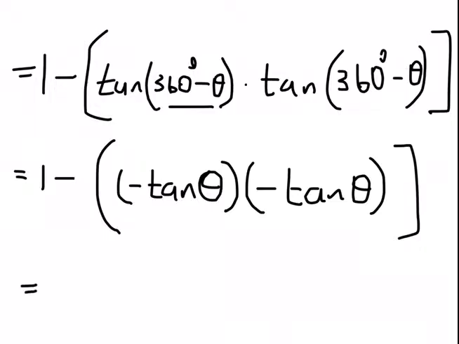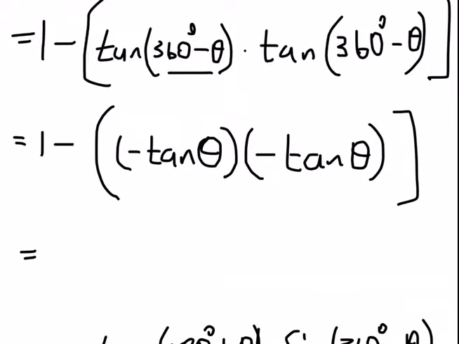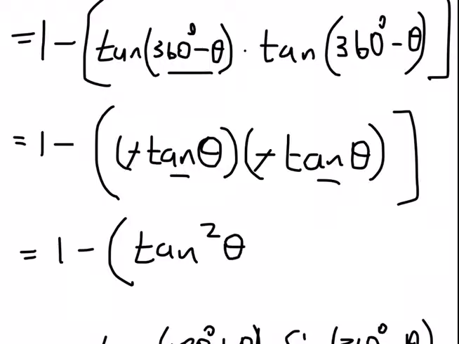I hope you are following, because remember, this is connected to all that we did previously. It is very important that you pay maximum attention to understand that when you have a squared, it simply means 2 of the same thing. So now what are you having? That negative multiplies with that, it becomes positive. You have tan multiplying with that tan, then it means you are back to tan squared of an angle.